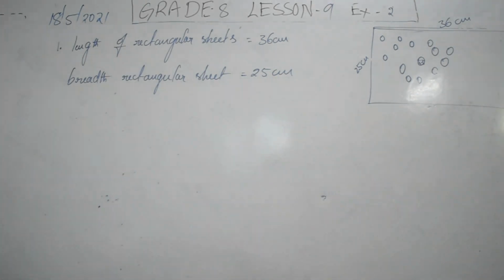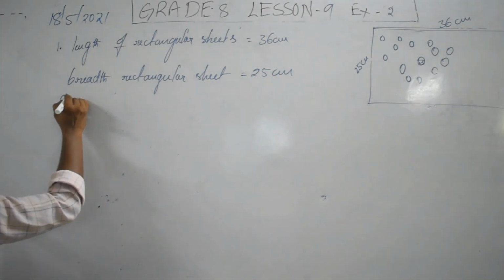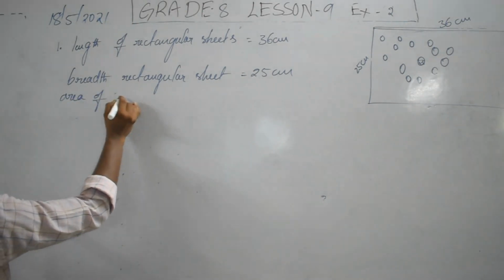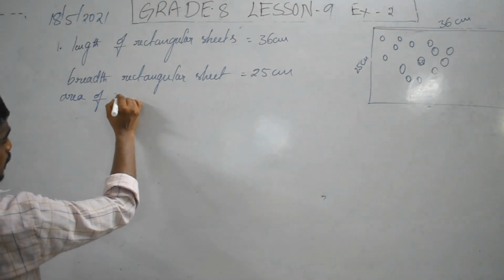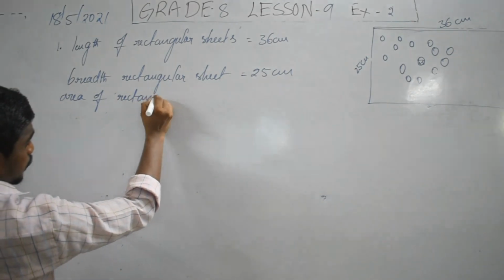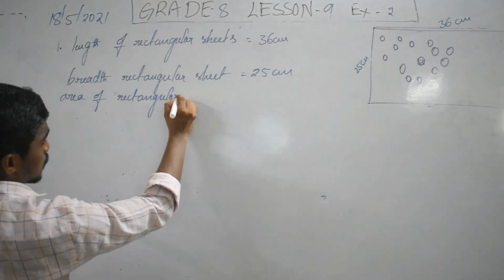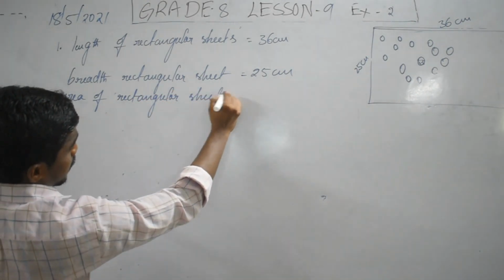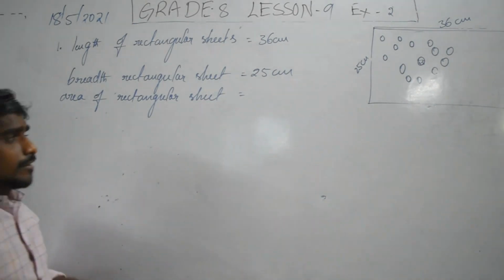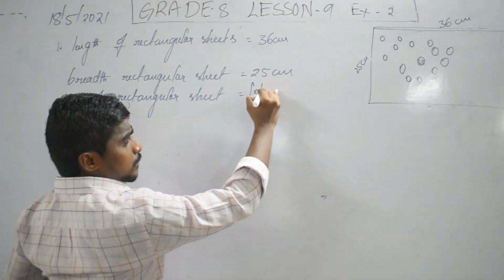So now the area of the rectangular sheet is length cross out breadth.